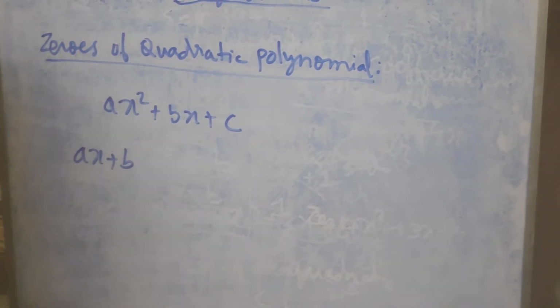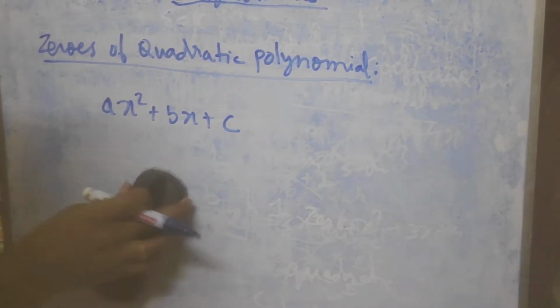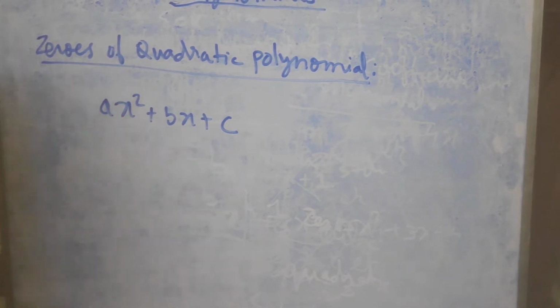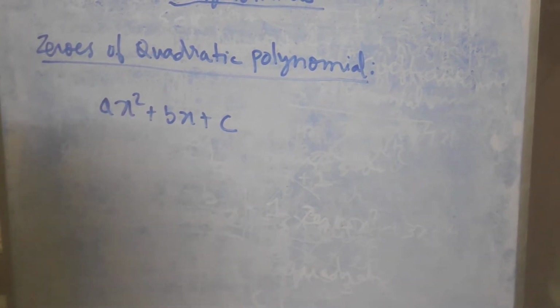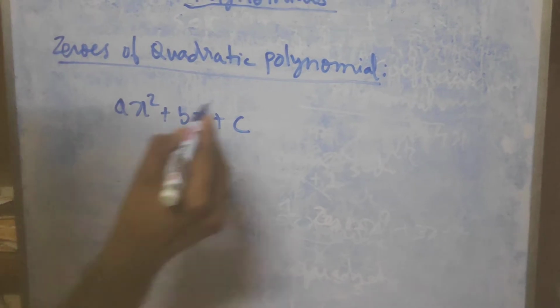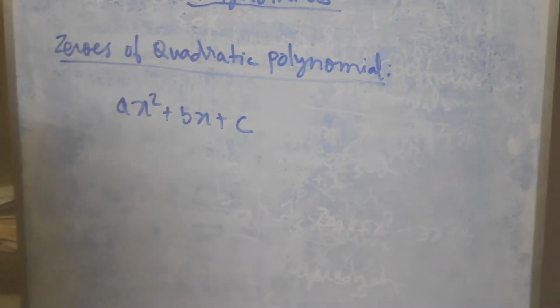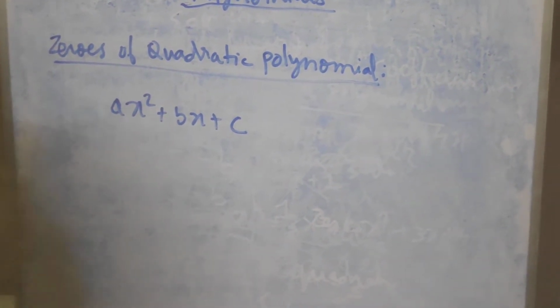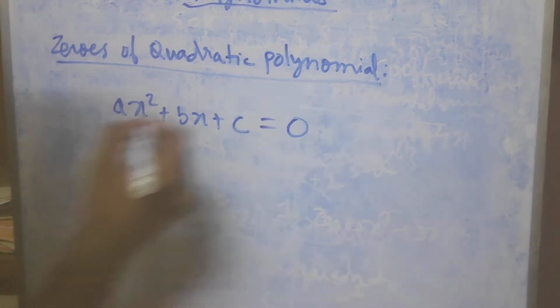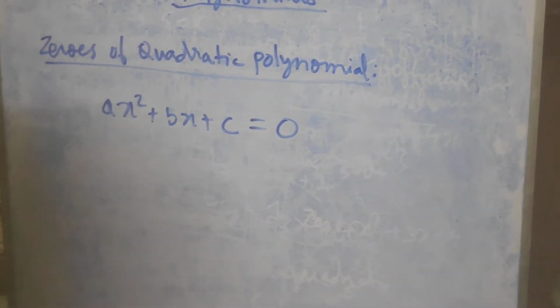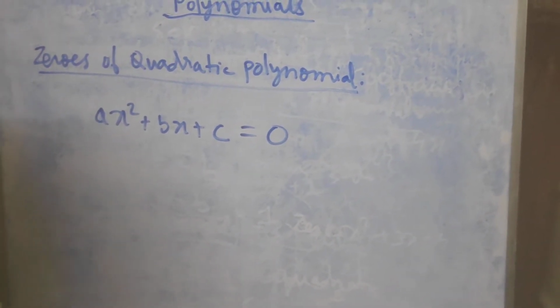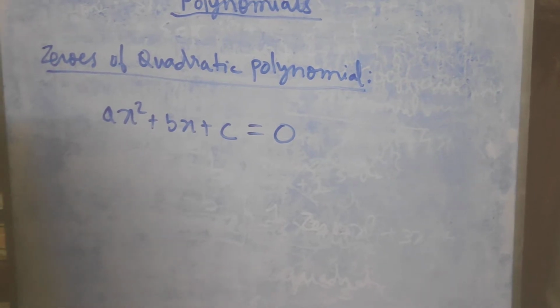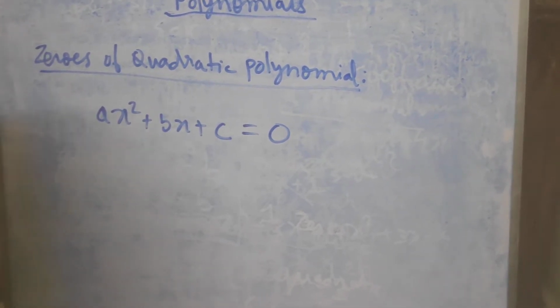So for the quadratic polynomial, I can assume that there are at most two zeros. Similarly, to compute the zeros, I have to put the whole expression equal to 0 and compute the value of x. Since we don't know how to solve a quadratic equation yet, I am going to use another approach.